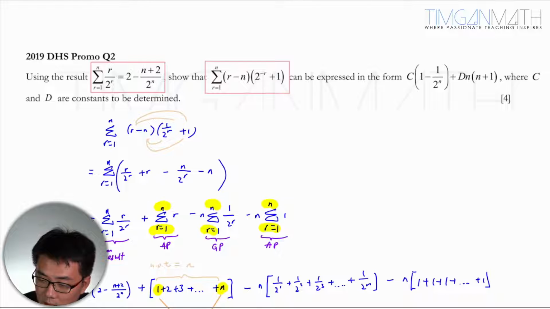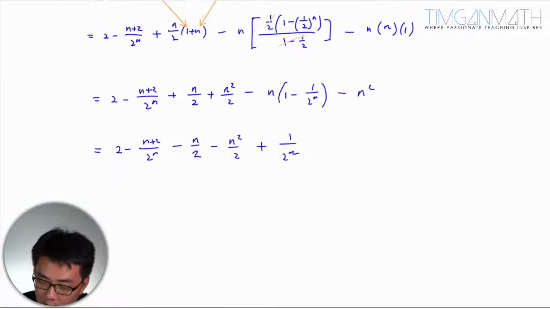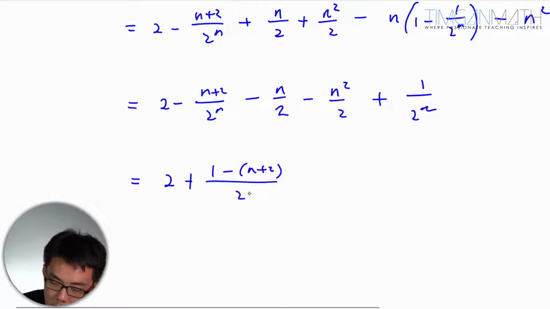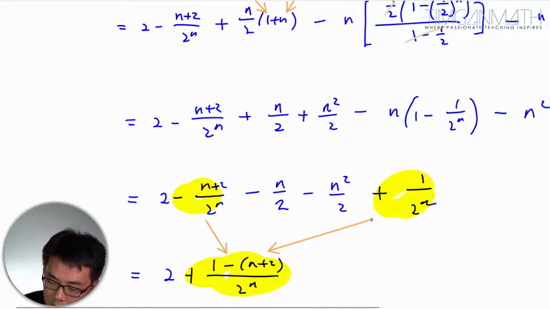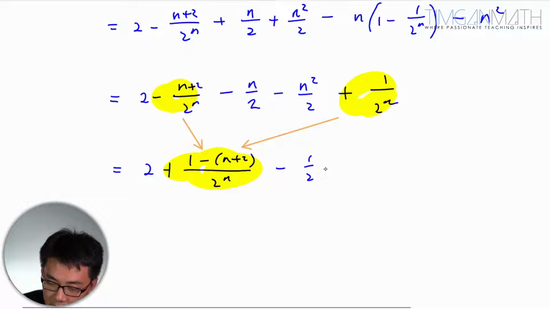What we need is the form with d, n, and n plus 1. So I'm going to factorize it out. This is manipulation really. This 2 will give you this. This 2 factorizes the half out, n.